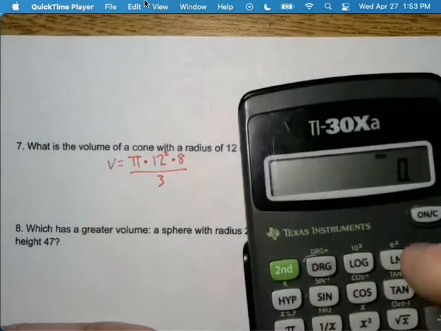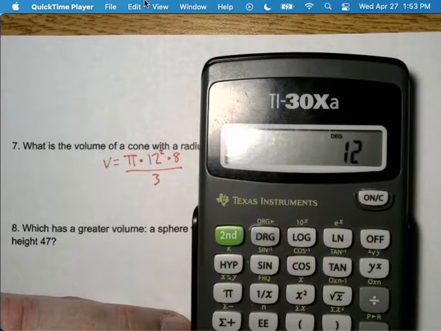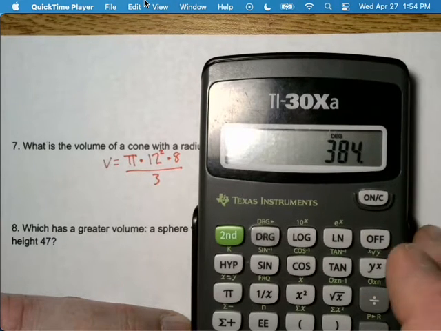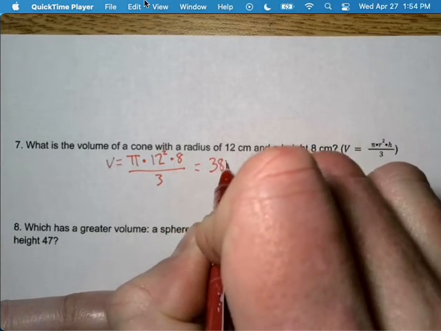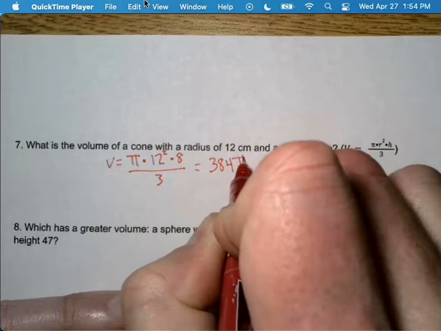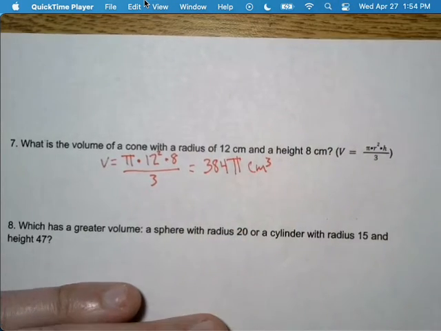Okay? So if I do 12 squared times 8 divided by 3, that's 384 pi centimeters cubed.